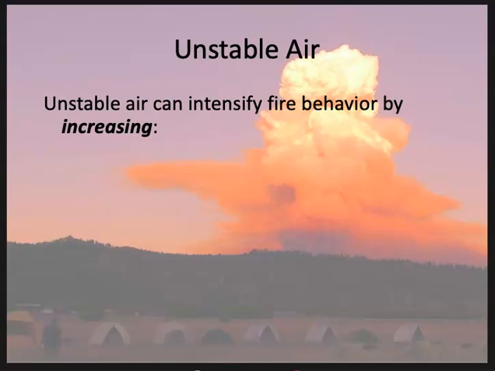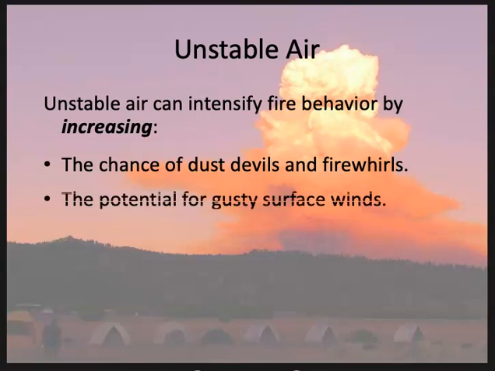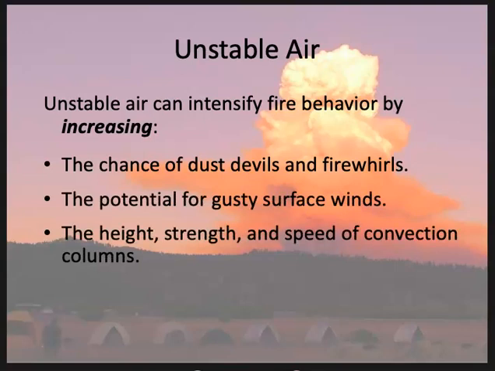So unstable air can intensify our fires by increasing the chance of dust devils and fire whirls because of the vertical movement of convective air, the potential for gusty surface winds, and the height, strength, and speed of convective columns. And remember, what goes up can cool and come back down, so we get downdrafts too.